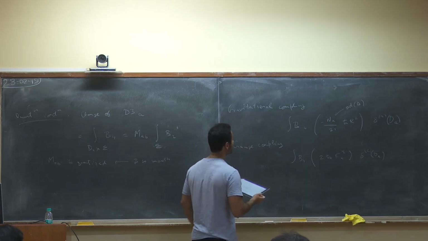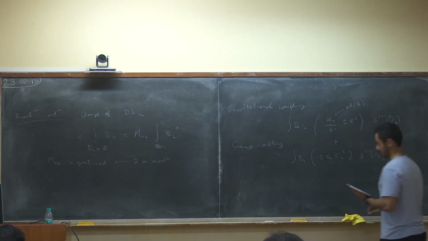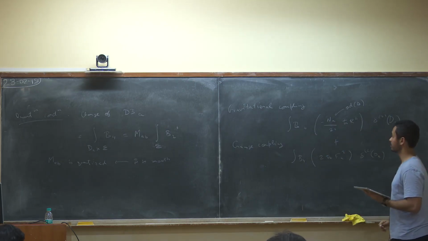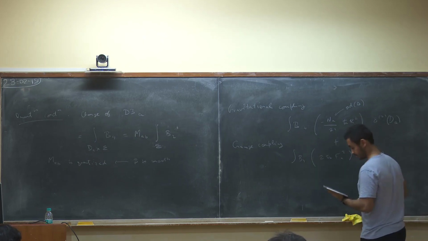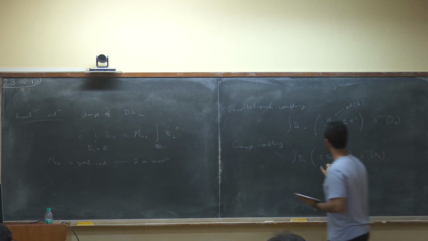So now you can just combine them, add them, and you obtain a total coupling of B4 to the 7 branes. And you can slightly modify it.